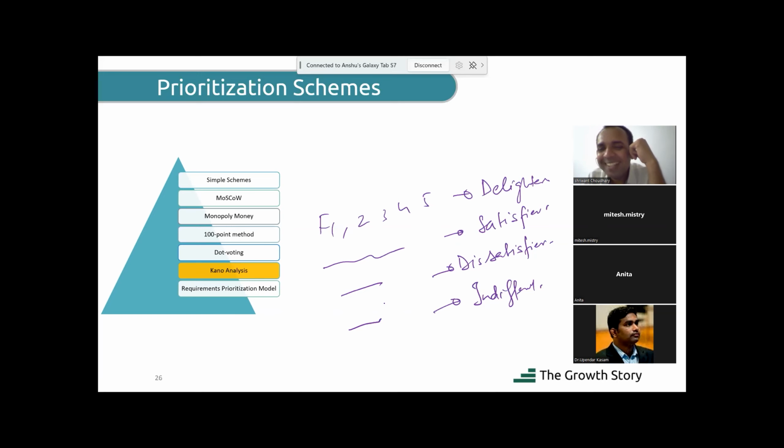Okay, let's go at least 20 years back in your respective lives, and think that you need to propose to somebody, X or Y. Now when you know what is the delighter, satisfier, dissatisfier, and indifferent about that person, how can you use it?